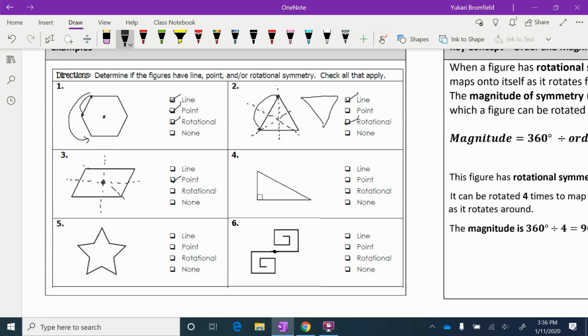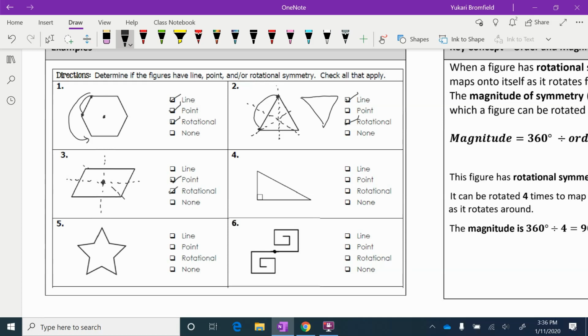And it would still have a rotational symmetry. Typically when it has a point symmetry, it's always going to have rotational symmetry, but not the other way around. Just the fact that it has a rotational symmetry doesn't mean that it has a point symmetry.